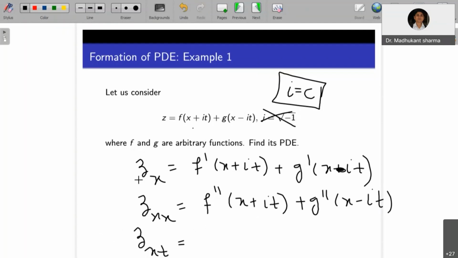Means you differentiate. You already have the first order partial derivative with respect to x, you differentiate with respect to t now. So what you will get is i times f double dash of x plus it, minus i times g double dash of x minus it.